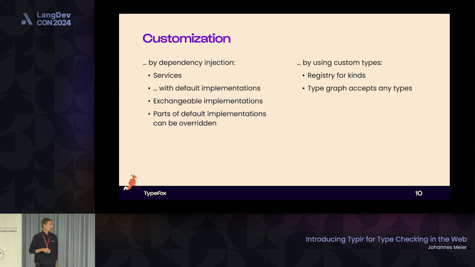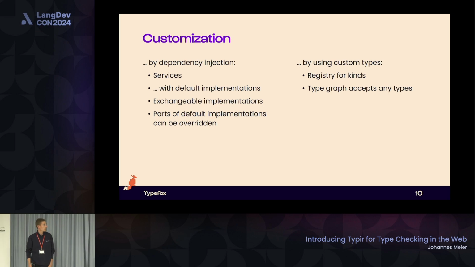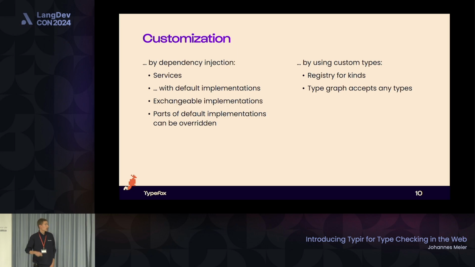The other thing is that maybe you need some custom types. I mean, you have to implement the custom types on your own, but you can integrate them in Typir by a registry for types and kinds. And our type graph accepts any types as long as you use the same abstract superclass for it.